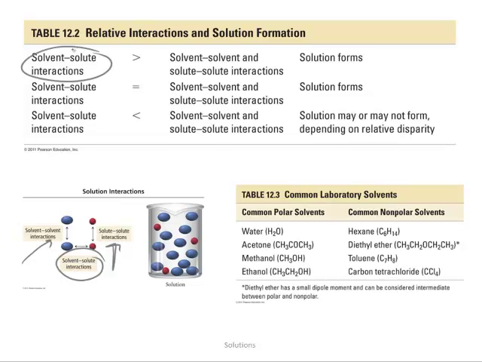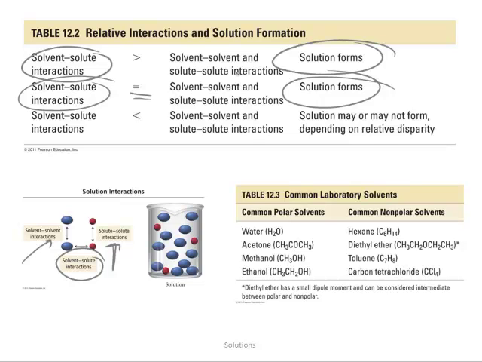If the solute-solvent interaction is greater than the solvent-solvent and solute-solute interactions, the solution will form. If they're equal, the solution will still form because of entropy. Entropy will sort of tip the scales, and disorder will tip the scales for the solution to form.